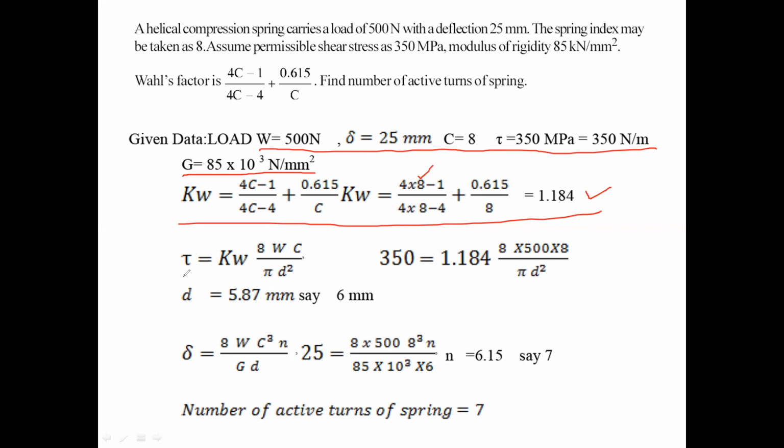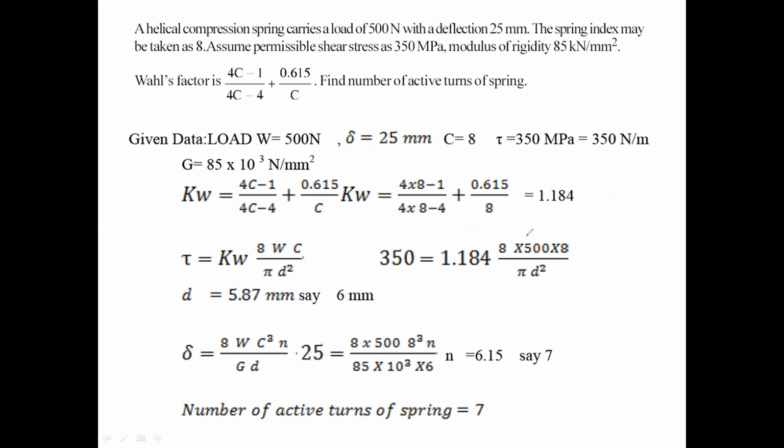If I put that into our equation, then the shear stress is 350, the wall correction factor is 1.184, the load is 500, the value of C is 8. We must find d. So from this we can find the value of d as 6 mm.